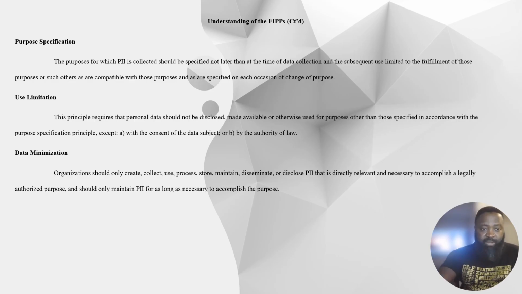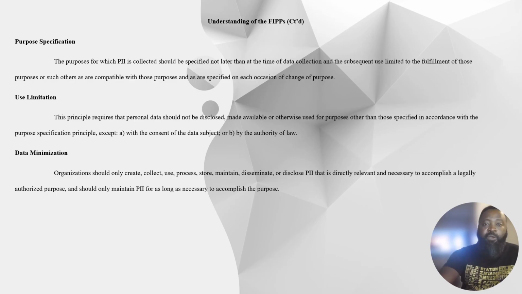So use limitation. This principle requires that personal data should not be disclosed, made available, or otherwise used for purposes other than those specified in accordance with the purpose specification principle, except A, with the consent of the data subject, or B, by the authority of law.